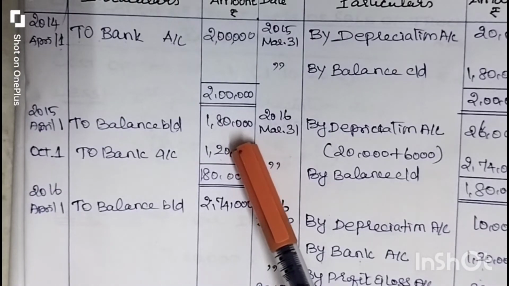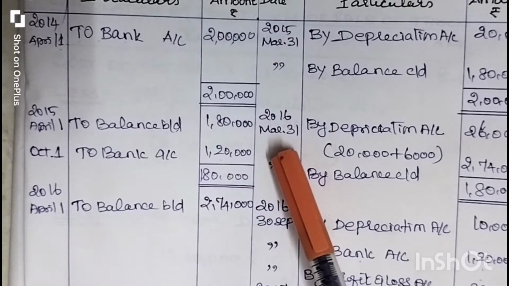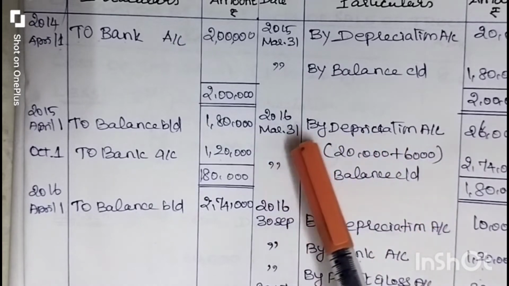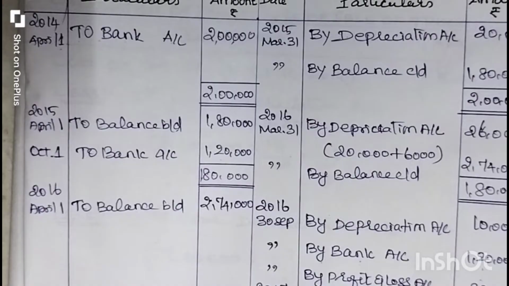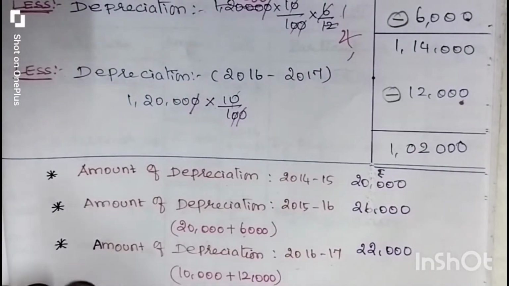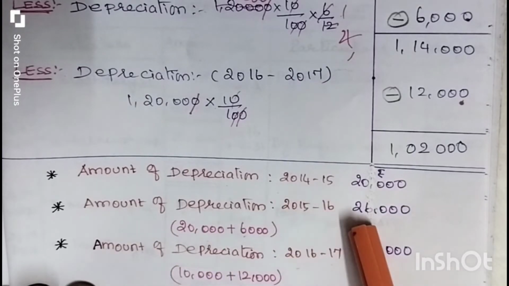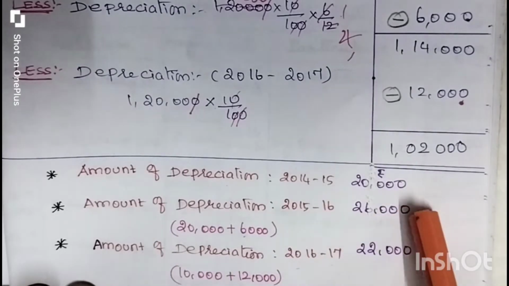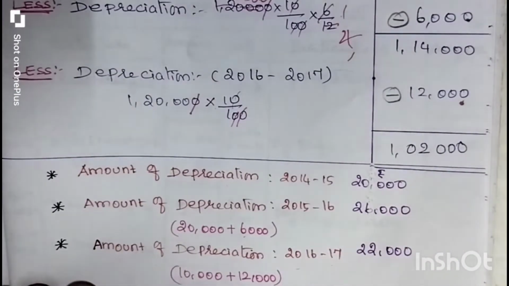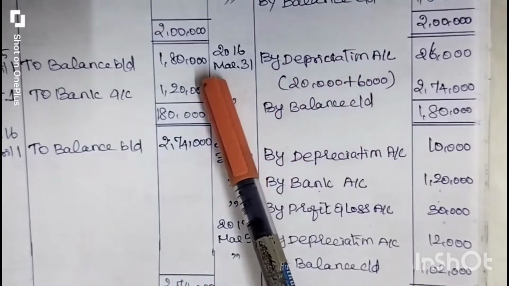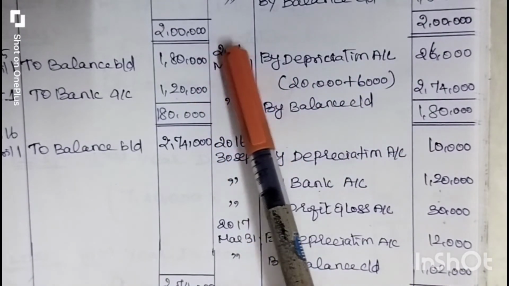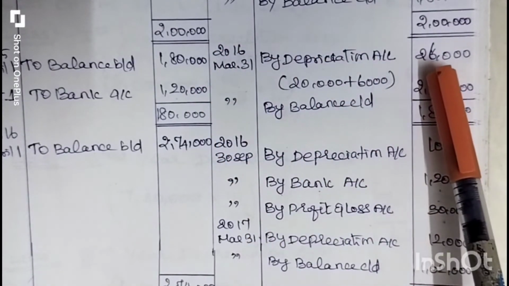Okay, at the end of the year you have to give the depreciation account. On 31st March 2016 the depreciation account is 26,000. We already calculated the 2015 to 16 depreciation value: 20,000 plus 6,000, we got 26,000. Okay, so the amount of depreciation for 31st March 2016 is 26,000.